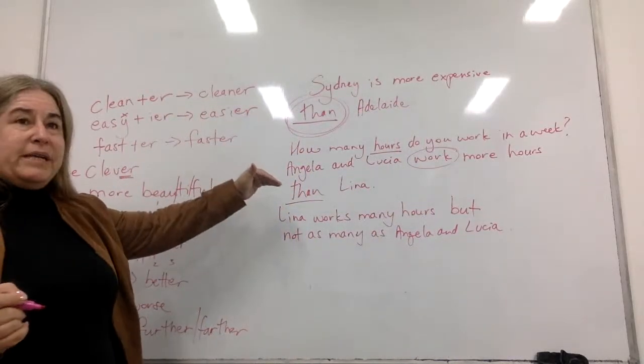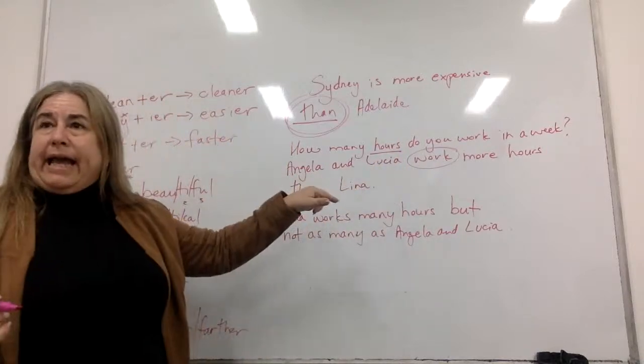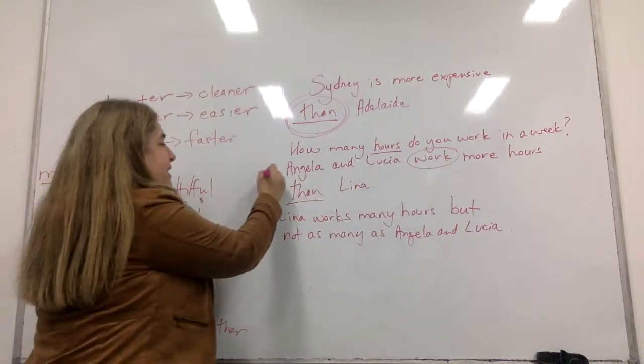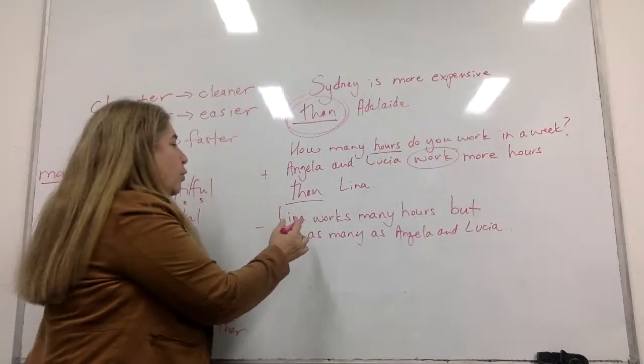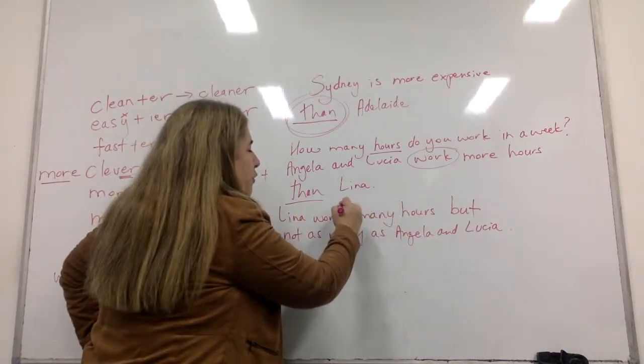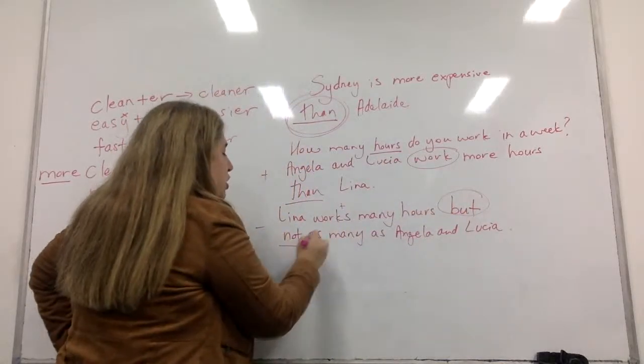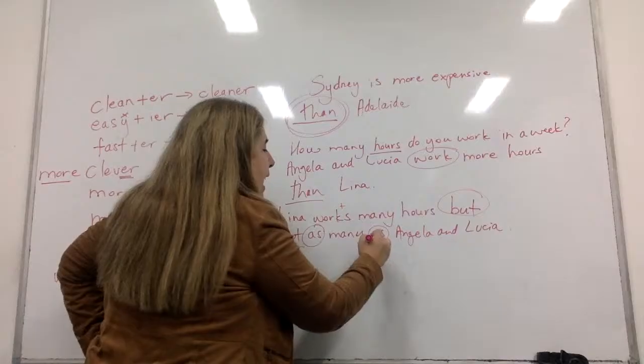This is affirmative: Angela and Lucia work more hours than Lena. Here, this is a negative sentence where I'm saying Lena works many hours. This is your affirmative, but now I'm doing negative, not as many as.